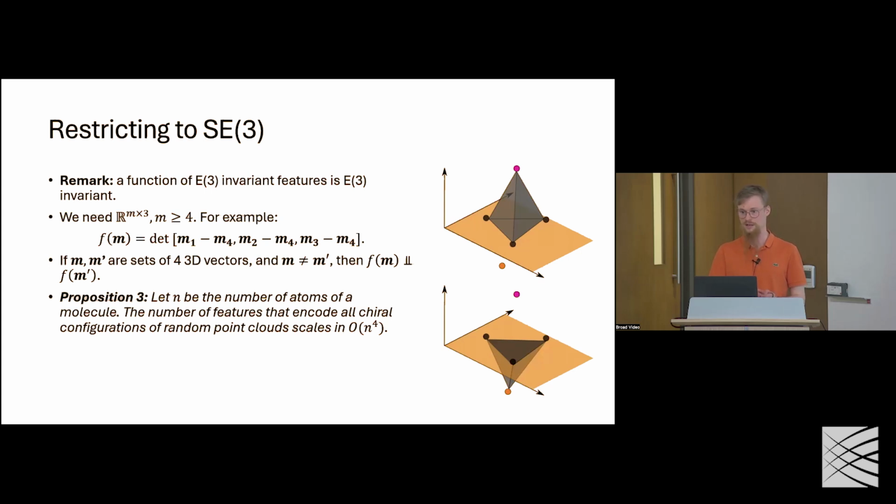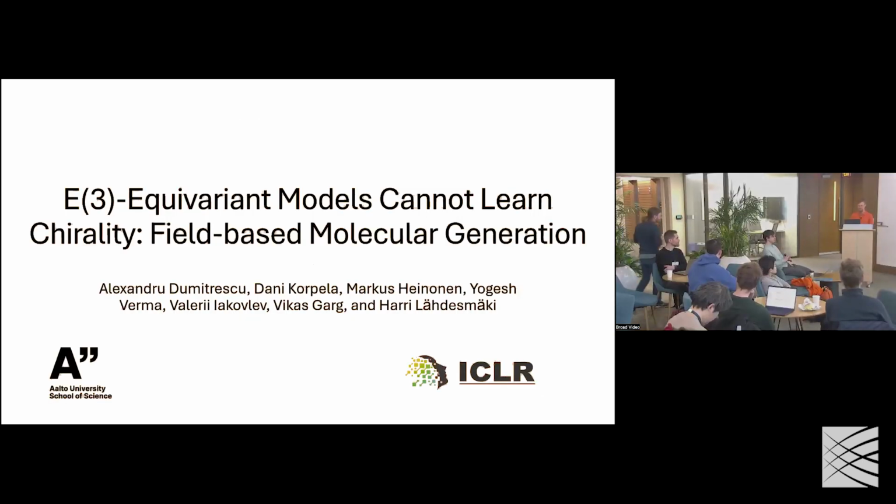And this is kind of bad, meaning that it's kind of hard to actually create this point cloud method that would actually be SE3 but not E3 invariant. And that's what I wanted to say. So now Alexandru will present a solution.